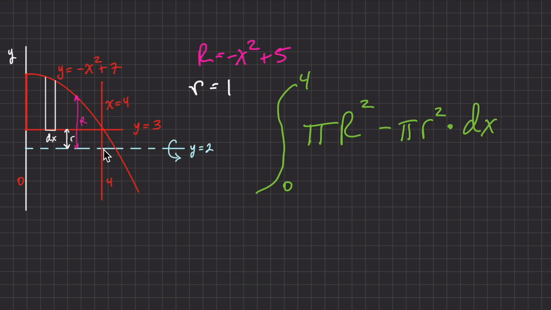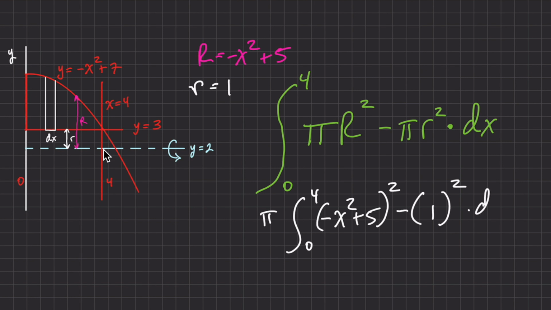Okay, so we're going to pull out a pi here, and we're going to end up with pi times the integral from 0 to 4 of negative x squared plus 5 squared, and we're going to subtract 1 squared times dx. Okay, we're going to go ahead and FOIL this. We're going to combine like terms, and then we're going to find the integral from 0 to 4.